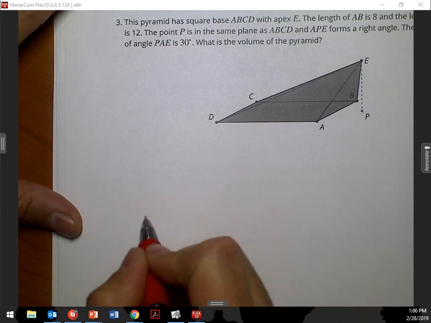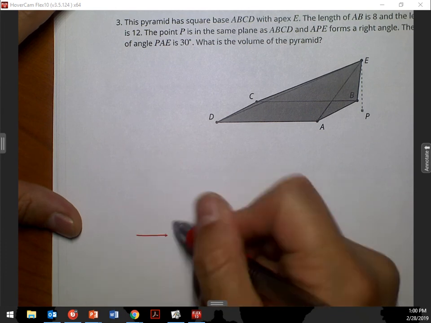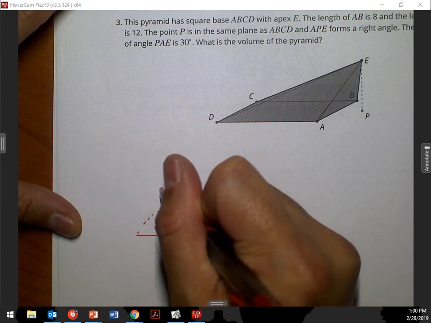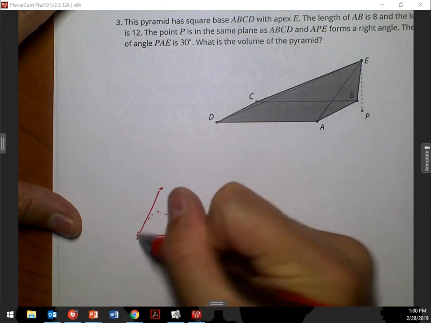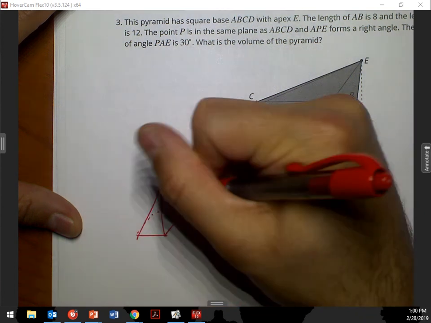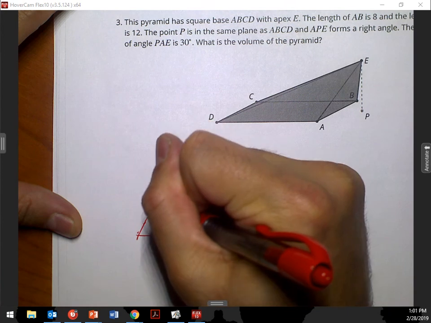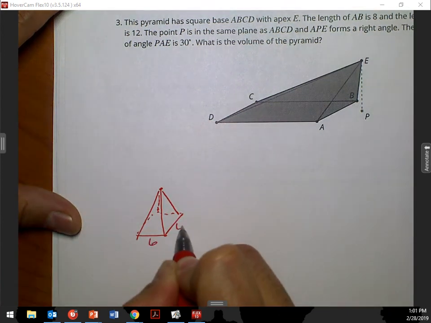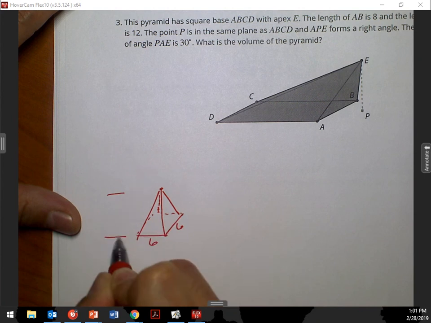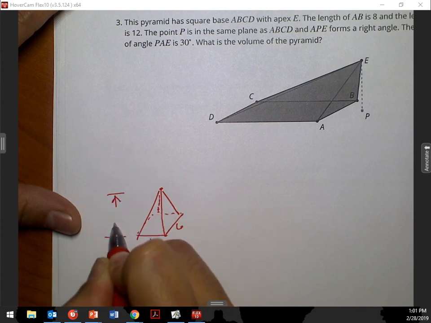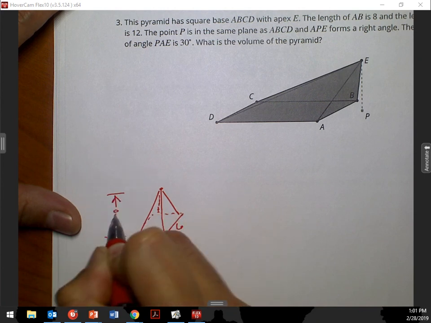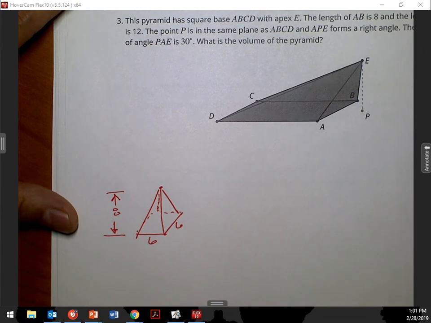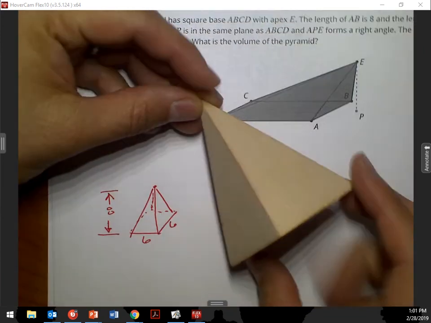Okay, I'm going to draw this. 6, 6, and from the top to bottom is 8, right?